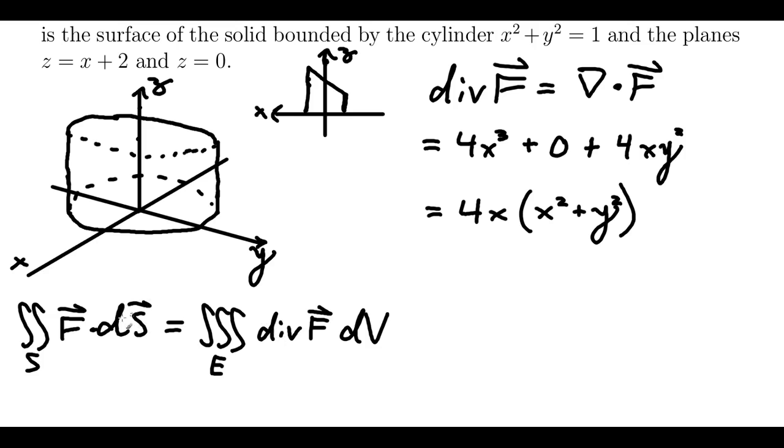We've been doing a lot with these crazy vector things, but the divergence, remember, is a scalar field. So this is just a triple integral of a chapter 15 style.